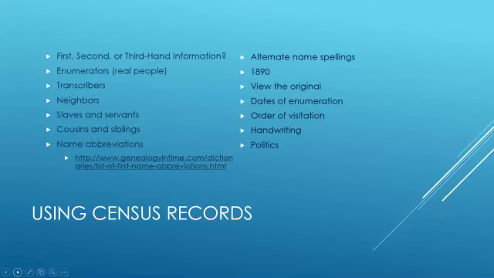A lot of times in the very early census records, they're pretty accurate, but you have to be aware that sometimes when you're doing this research you will find slaves or servants counted as family members, and you will find cousins counted as siblings, and then you will also find name abbreviations.